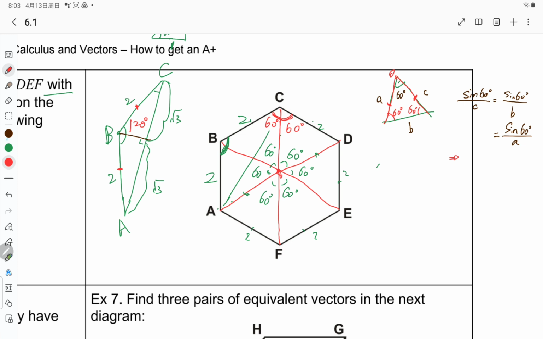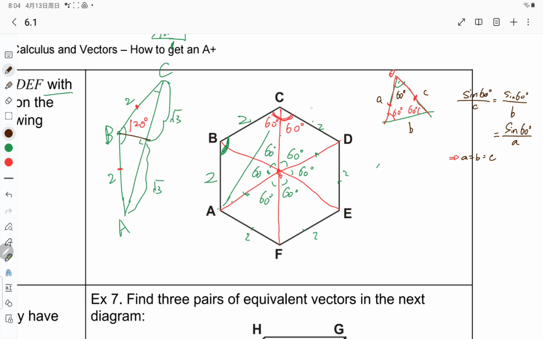So a is equal to b equal to c. I think you probably can't directly tell just from your eyes, because the three angles of this triangle are the same, so the three side lengths are the same. It's just another way we deduce it from math. Okay, so a, b, c are the same.